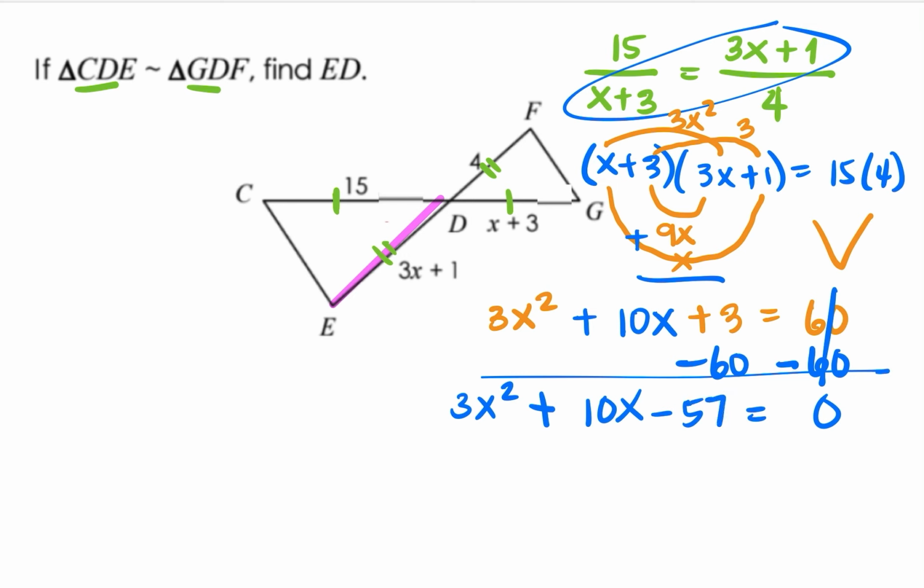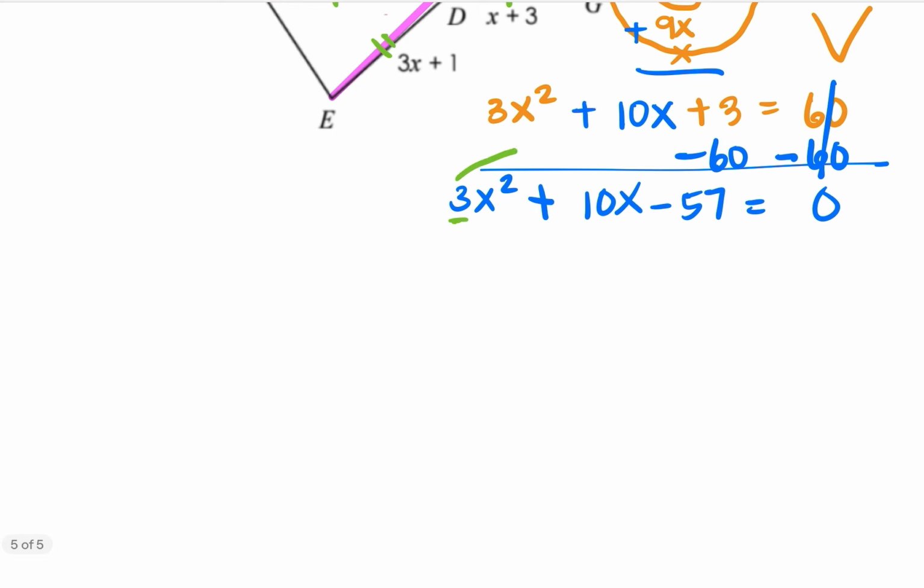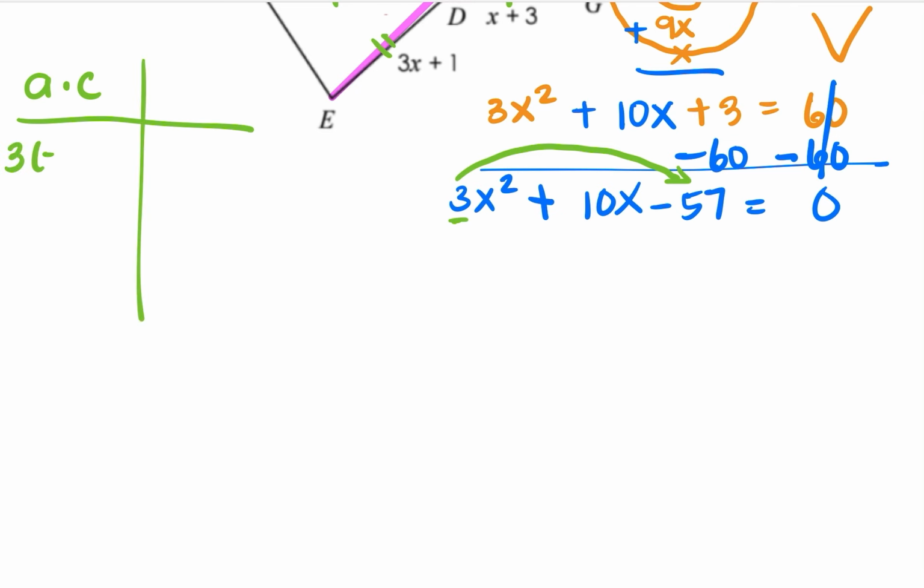So we are dealing with an a value that is greater than 1. So I am going to apply the slip and slide method to be able to factor and solve this problem. I will multiply a and c. So a times c, that's 3 times negative 57.